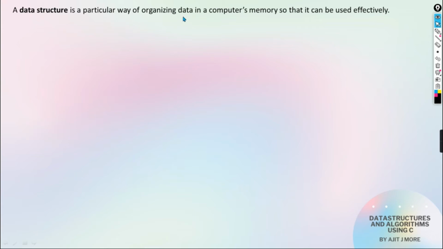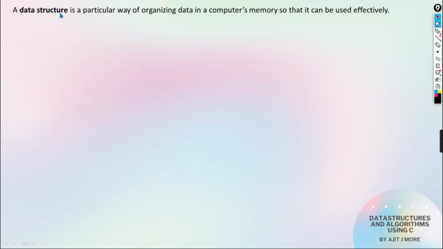But those operations should be in an efficient manner. So in simple terms, data structure is a particular way of organizing data in your computer's memory, and after organizing that data, you perform some operations on it in an efficient way.